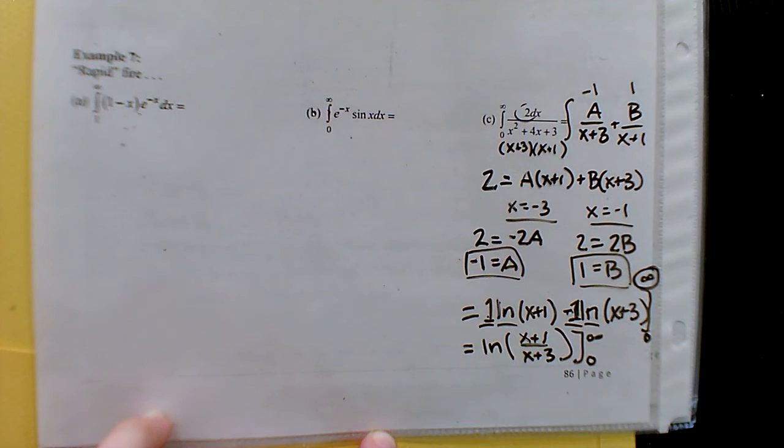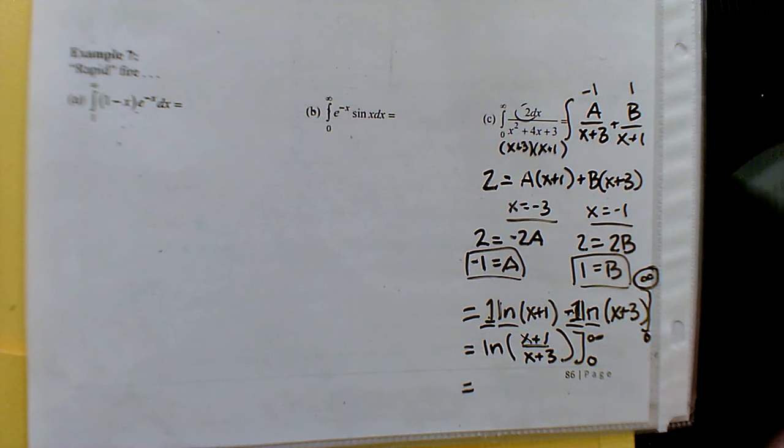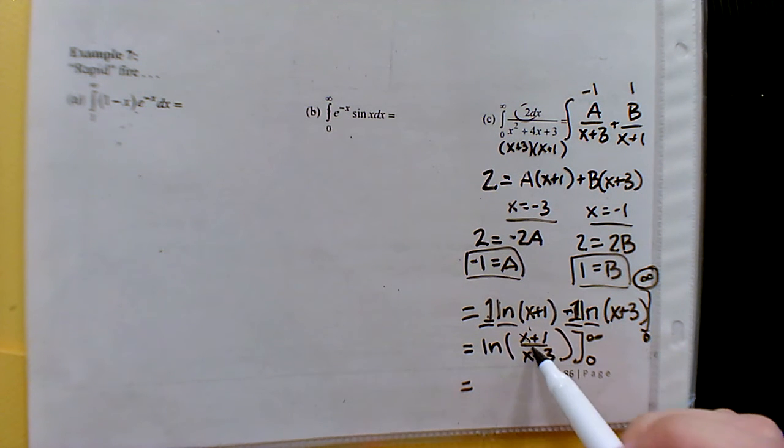All right. So let's go ahead and think about our bounds. If you were to plug in infinity for those x's, think about your growth rates. Is the top growing faster? Is the bottom growing faster? Or are they technically growing at the same rate? How do you know? They both have an x to the first power.